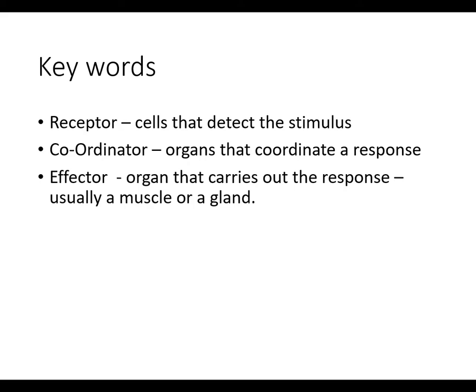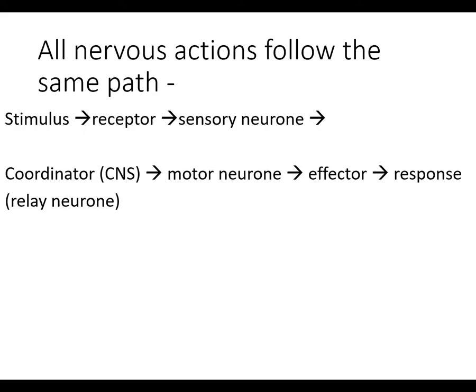Now, a gland is an organ that secretes or releases a chemical into either the blood or into where it's needed. So we have this path, which I just spoke about: stimulus, receptor, sensory neuron, coordinator, motor neuron, effector, response. And in the coordinator, that is where the relay neurons are situated.